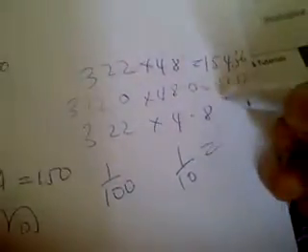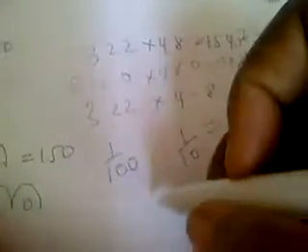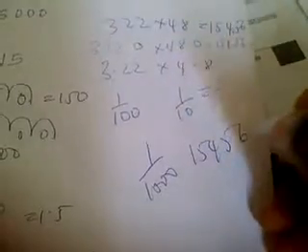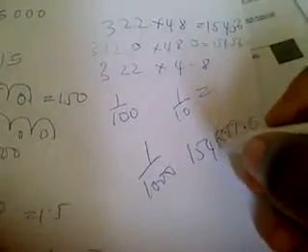So for you to have the same answer, you're going to divide this answer now by this times this, that's 1000. So dividing, you have 15456.0 divided by 1000. You go this way, 1, 2, 3, so your answer is going to be 15.456.